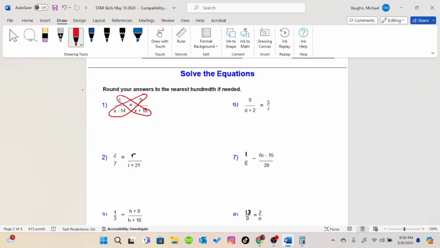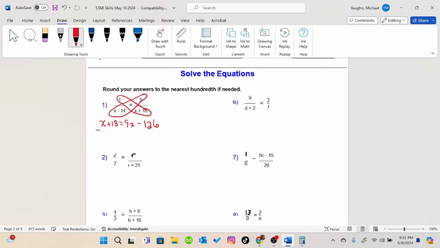So 1 times x plus 18 is x plus 18. 9 times x minus 14 is 9x minus 126.